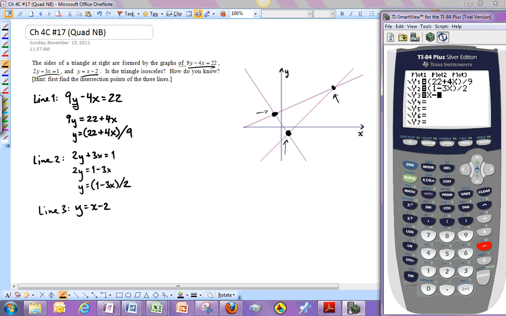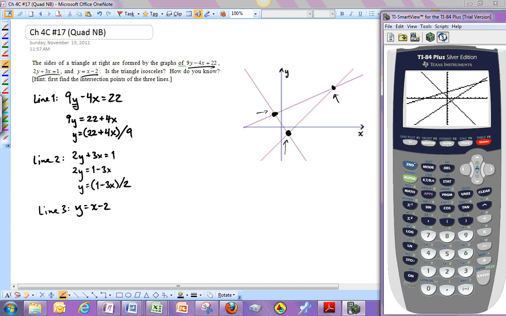X minus 2. Okay, so what we want to do is graph in a standard window. If you hit graph, notice mine comes up just fine. But if yours isn't graphing properly, check your equations first, make sure they're okay, make sure you're not mixing up negatives and minus signs.